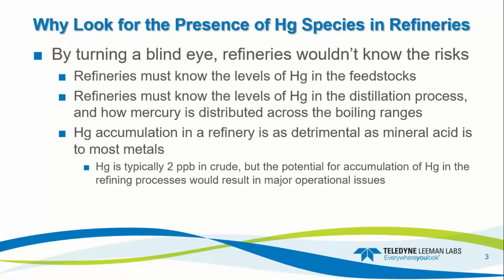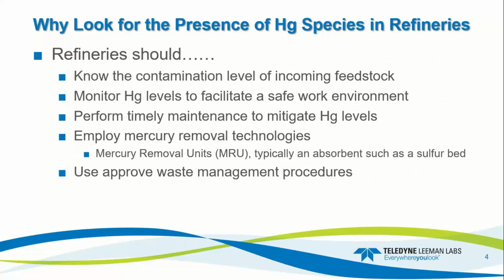Typically, within the refineries, the crude coming in is around 0.2 ppb, but the potential for accumulation of mercury is quite high, and that could result in major operational issues. So refineries should know the contamination levels of the incoming feedstock, monitor the mercury levels to facilitate an environment that is safe to work in, and perform timely maintenance to mitigate the mercury levels.